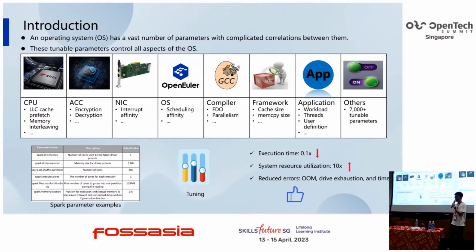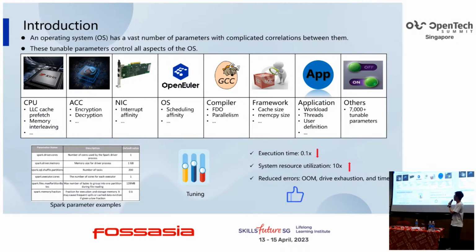Then I will give an introduction to A-Tune. As we can see, an operating system has a massive number of parameters and complicated correlations between them. However, those tunable parameters control all aspects of the operating system. For example, in Spark, there are so many tunable values. If we use the default values, we can't get the best performance.